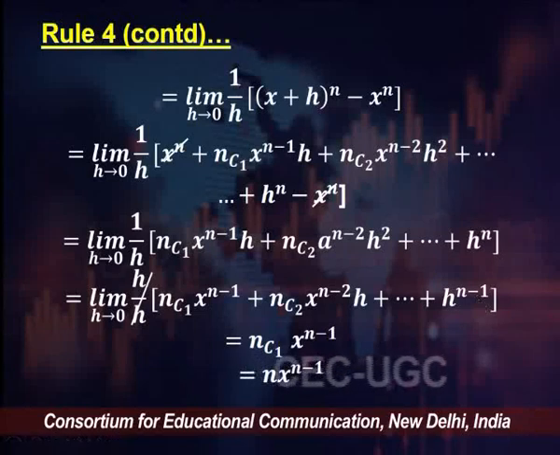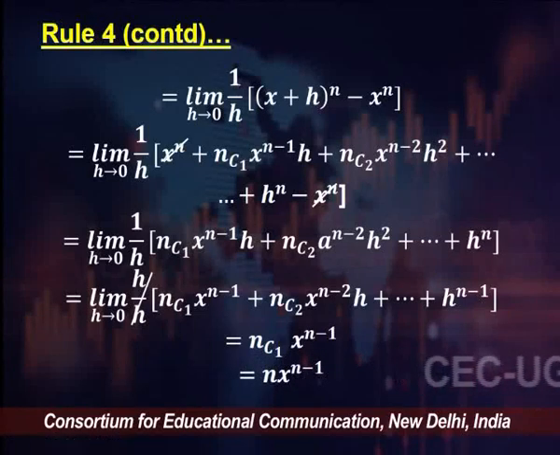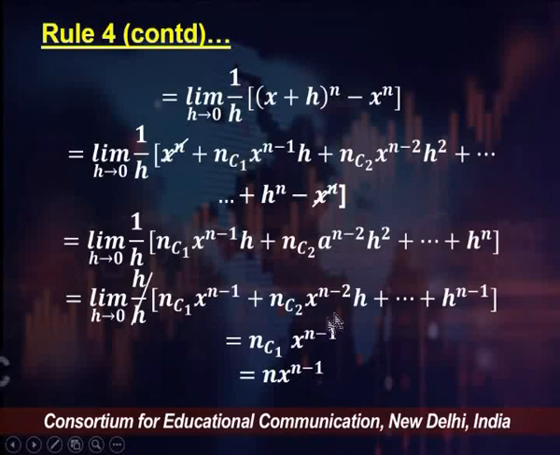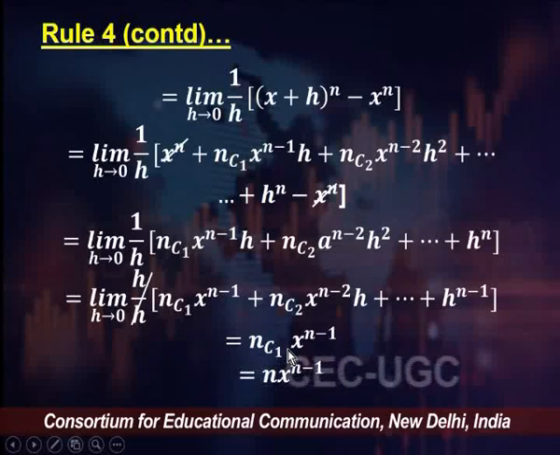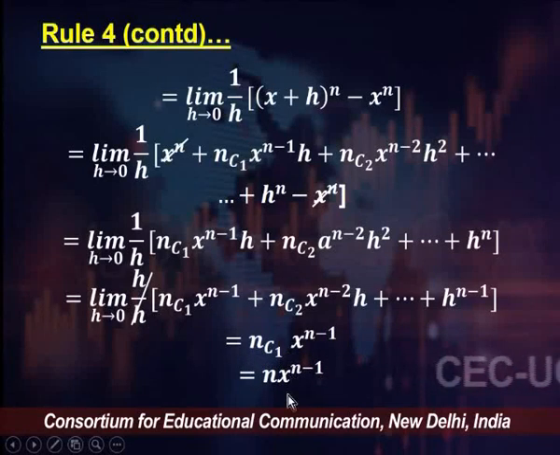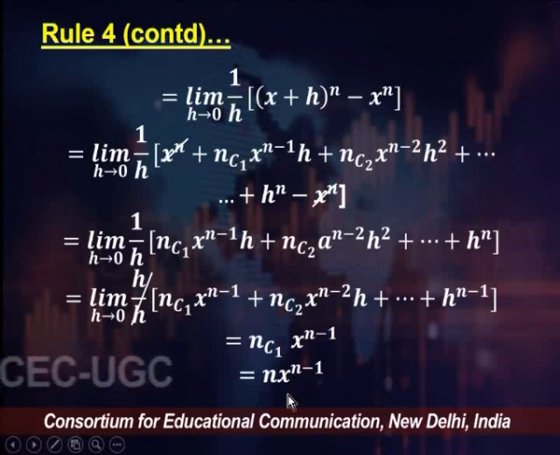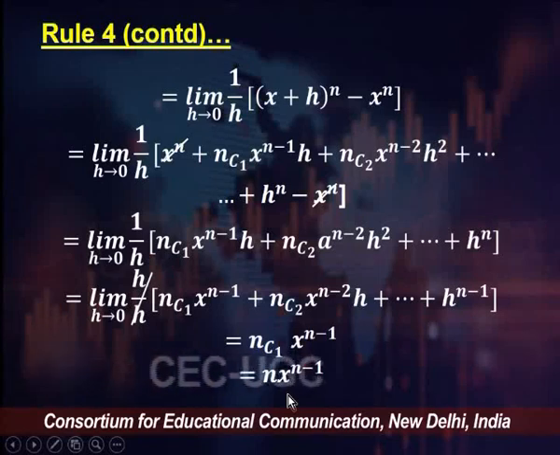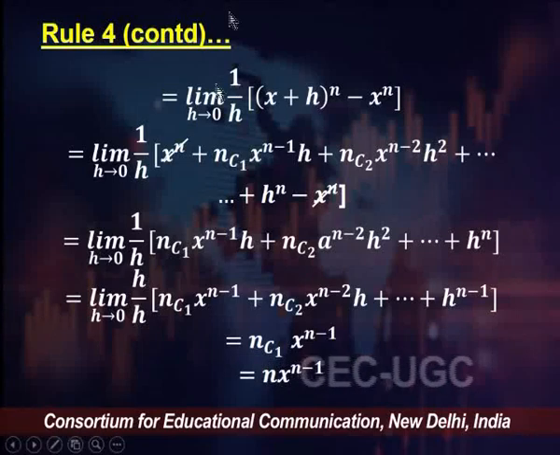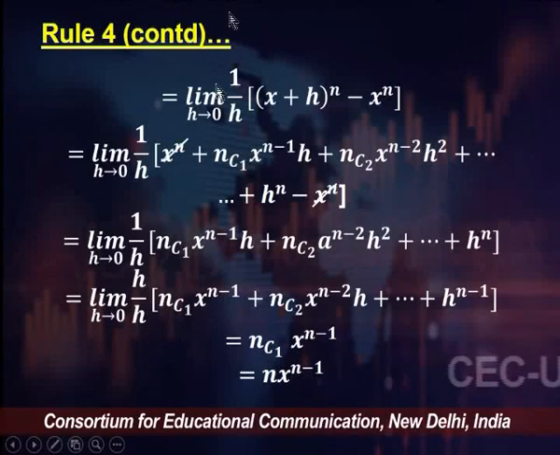But once I apply the limit as h tends to 0, all these terms in the brackets except for the first term will disappear, and you'll be left with nC1 x to the power n minus 1, which is the result that we want for the power rule: if a function is x to the power n, the derivative of the function is n times x to the power n minus 1.